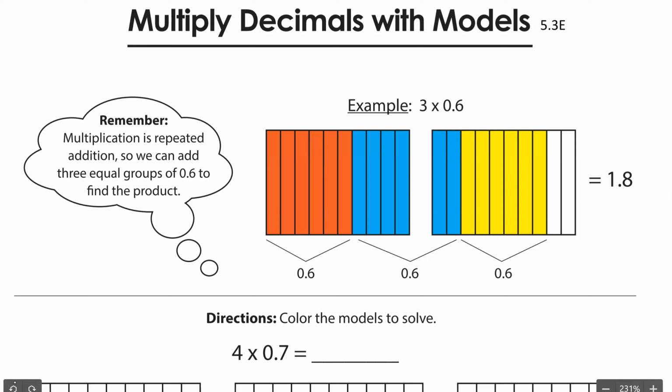And so what we see here, I shaded in 6/10. 1, 2, 3, 4, 5, 6 out of 10, because the whole rectangle represents one whole. Then another 1, 2, 3, 4, 5, 6. There's my second group of 6/10. And my third group of 6/10. And then I look, what do I have? I have 1 whole and 8/10. So 1 and 8/10 is my answer.